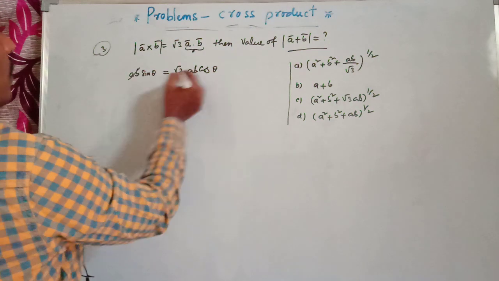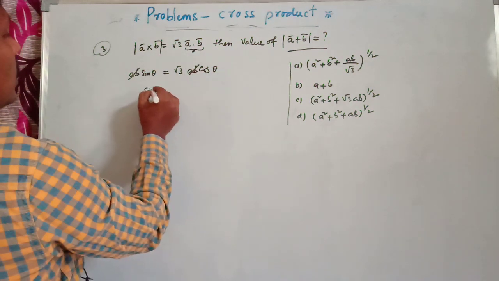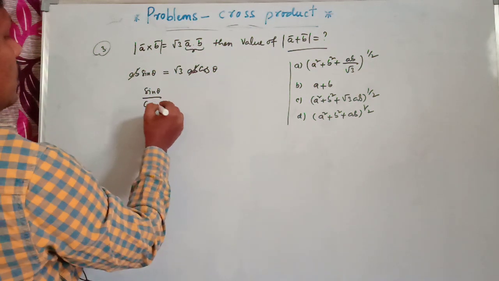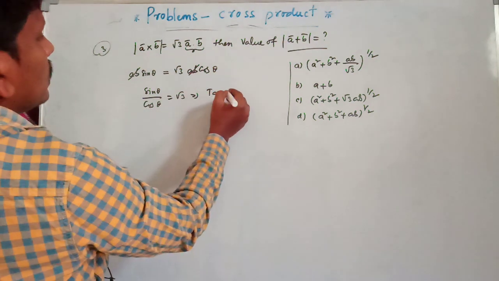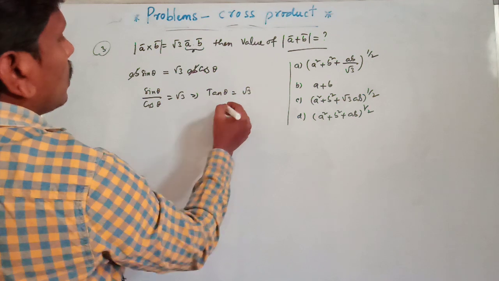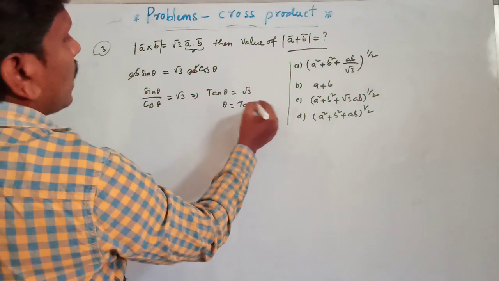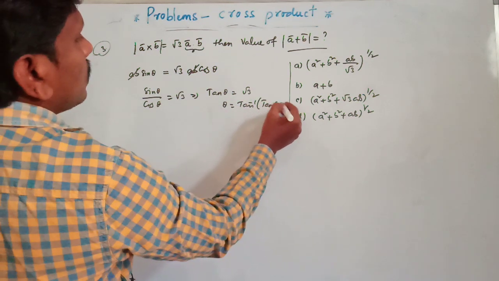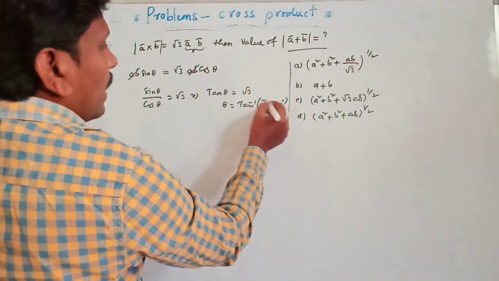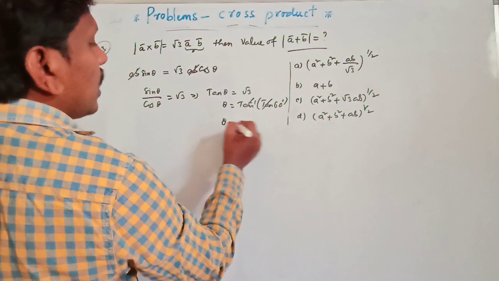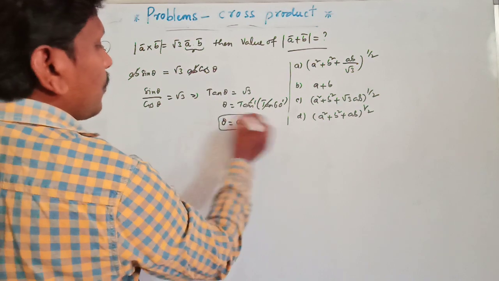So AB gets cancelled, sin theta by cos theta equals root 3, that gives tan theta equal to root 3, and theta is equal to tan inverse of tan 60, because the tan 60 value is root 3. Tan and tan get cancelled, theta is equal to 60 degrees.